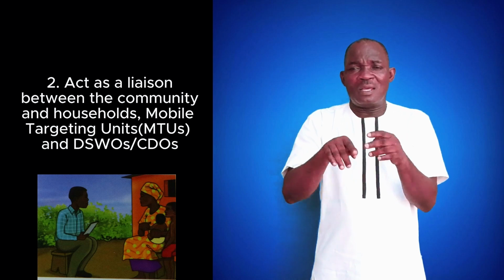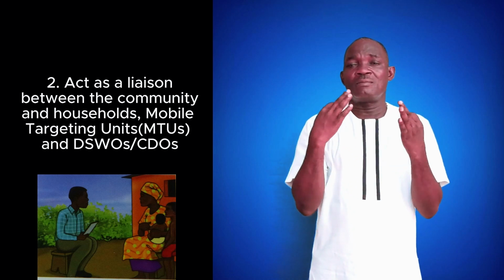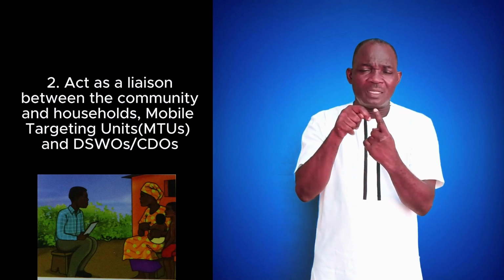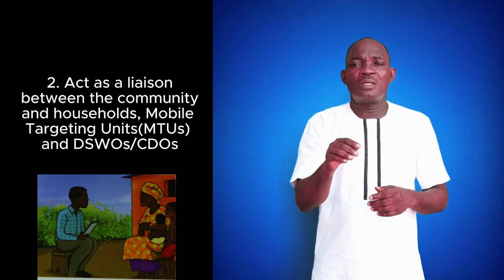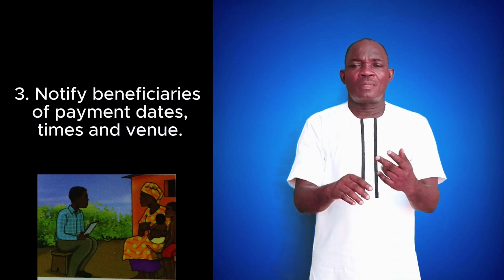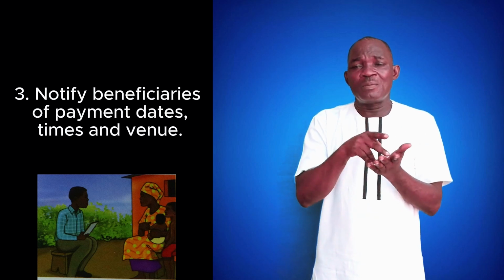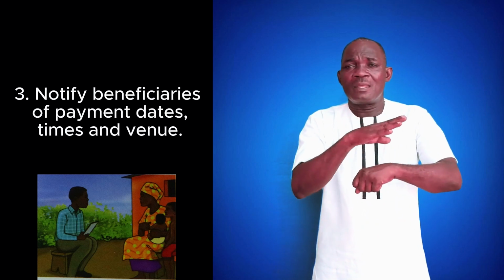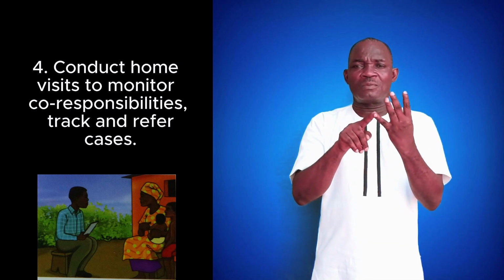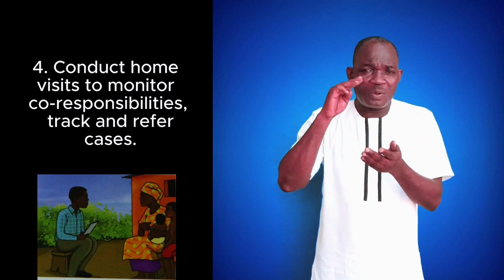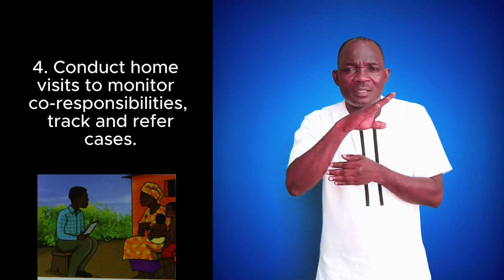Act as a liaison between the community and households, mobile targeting units MTUs, and DSWOs or CDOs. 3. Notify beneficiaries of payment dates, times, and venue. 4. Conduct home visits to monitor co-responsibilities, track, and refer cases.